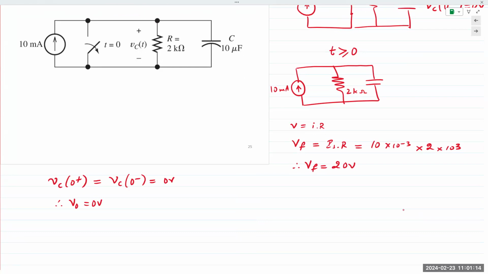Tau is simply the product of R and C. And so it's 2000 times 10 microfarads. Oh, I'm out of time. So if you need to leave, feel free to leave. I'm just going to finish writing this out, and then you can look at the rest in the lecture video. So tau would be equal to 20 milliseconds.